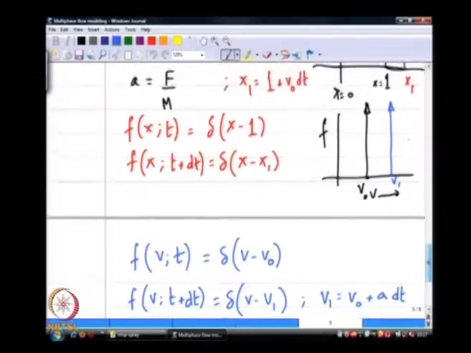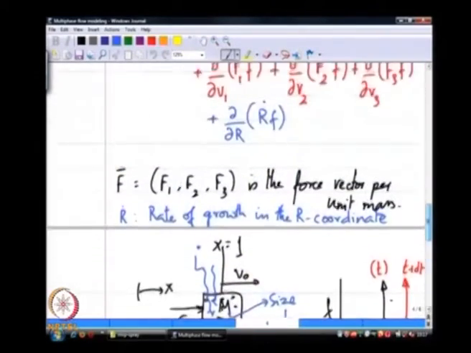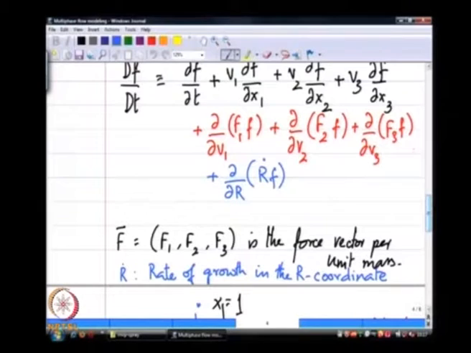So, the advection through the velocity coordinate happens due to an external force, not due to forces that may originate due to interaction between these particles. So, let us be clear about what F1, F2, F3 are. I will mark this in red.